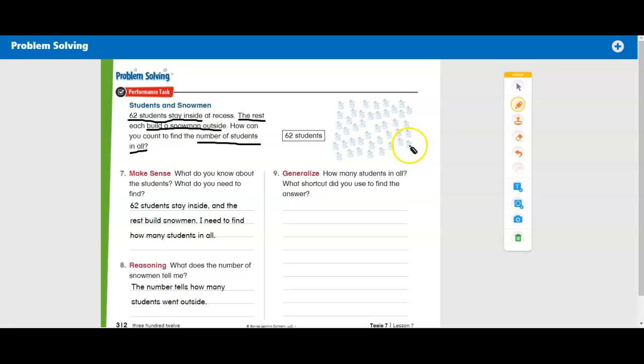I'm going to begin by counting my snowmen. 1, 2, 3, 4, 5, 6, 7, 8, 9, 10. So I have my first group of 10, and if you're using a different strategy, that is perfectly fine. Here's my next group of 10.